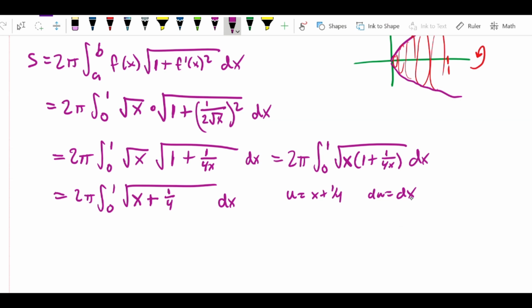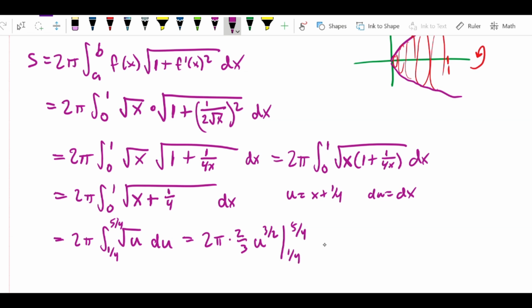That gives me 2 pi times the integral of the square root of u du, and it's going to be from 1/4 to 1 plus 1/4, which is 5/4. A little review of u substitution there. So that's going to be 2 pi times 2/3 u to the 3/2 from 1/4 to 5/4.